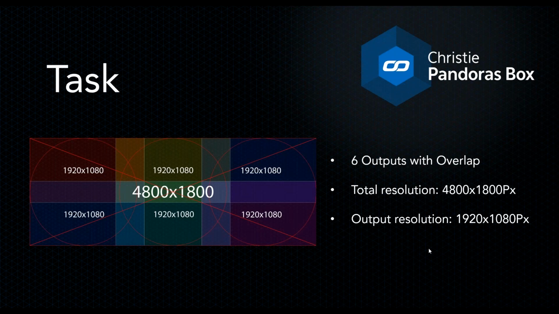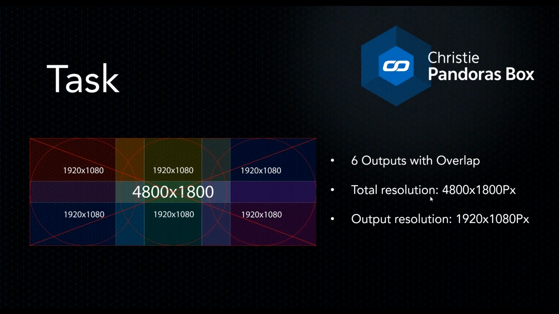Our task today is a huge projection with 6 projectors, so 6 outputs with overlap. Here on the left side, you can see a test pattern with a total image resolution of 4800 by 1800 pixels.